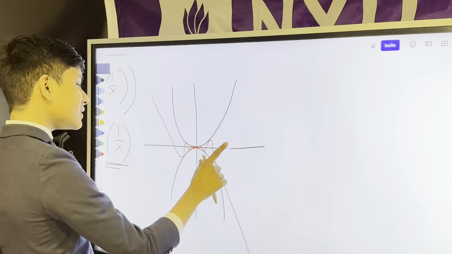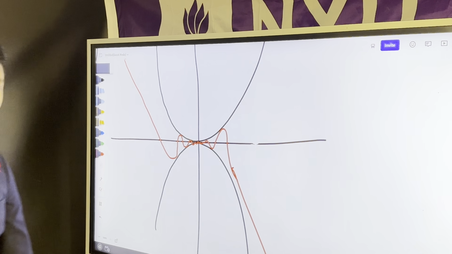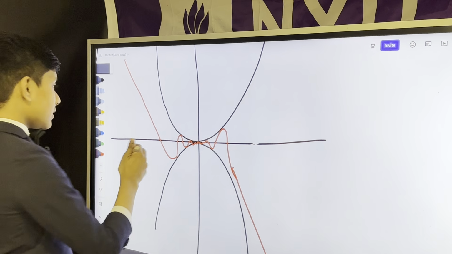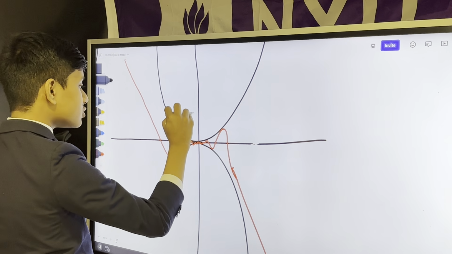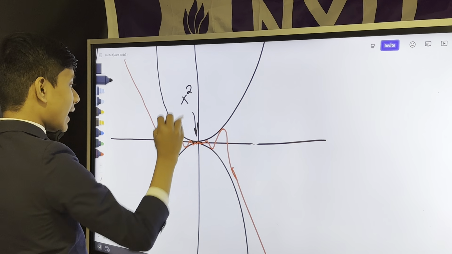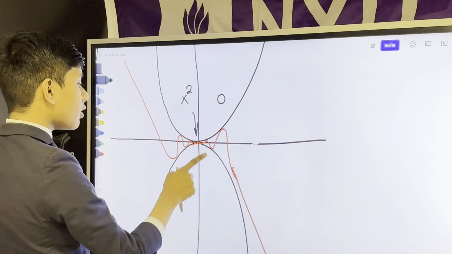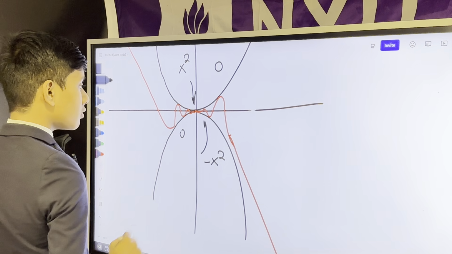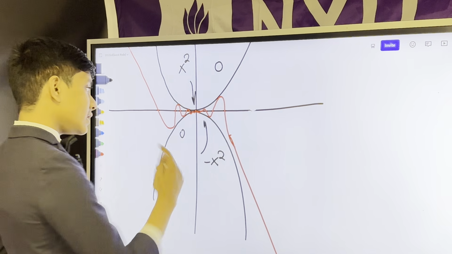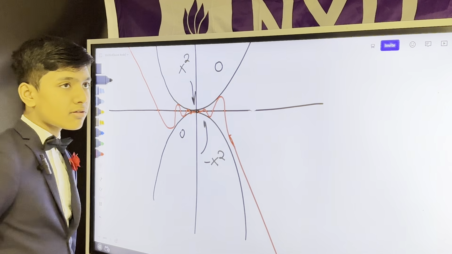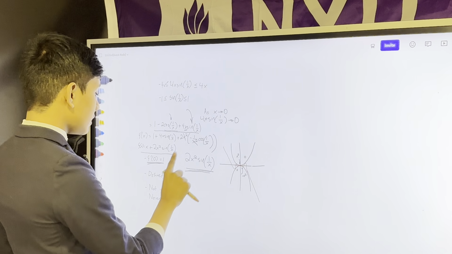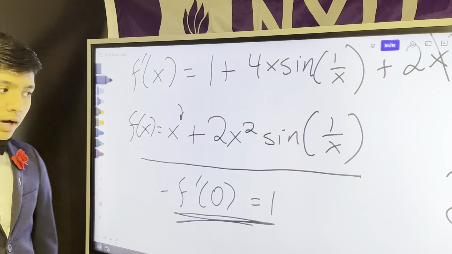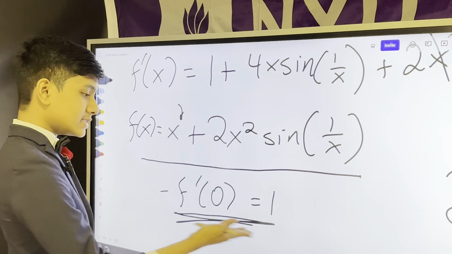Because it's getting squished, the derivatives don't have the chance to get funked out to an outrageous degree. The derivative is getting squished between x squared, whose derivative approaches 0, and negative x squared, whose derivative approaches 0, which implies, naturally, that this derivative by the squeeze theorem has to be equal to 0. And then, when you add the x term, that derivative is just equal to 1, so by linearity, this is equal to 1.